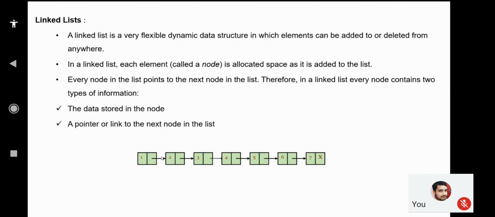That's why it takes much more storage; the space is larger here over array. But there are so many advantages of linked list over array. I will discuss them one by one.